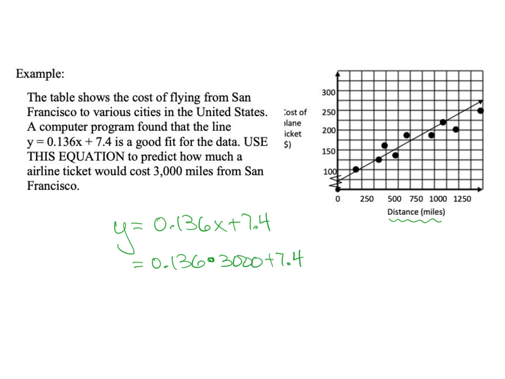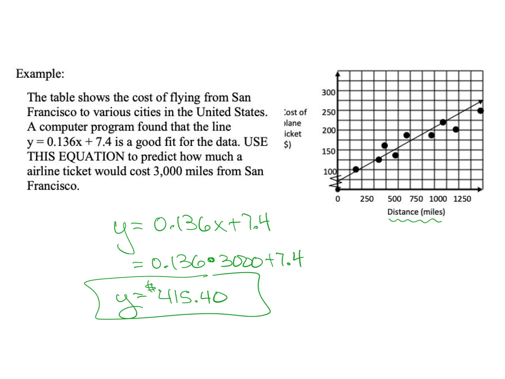So let's grab your calculator. 0.136 times 3,000 plus 7.4, and we get 415.4. Now remember, this is money, so we're going to make it 415.40, and we're also going to put a dollar sign with it. So it's going to cost $415.40 for that plane ticket.